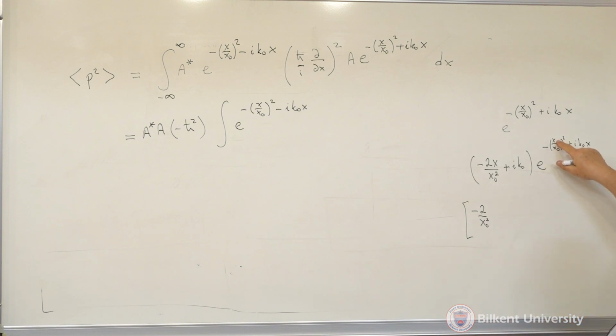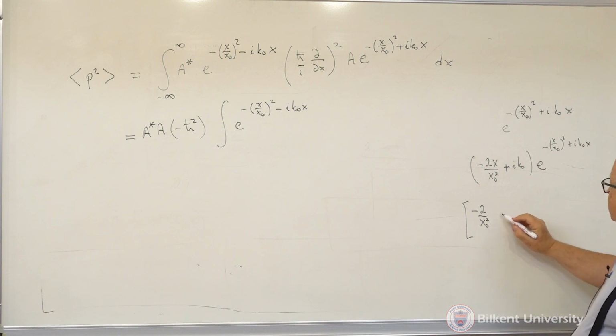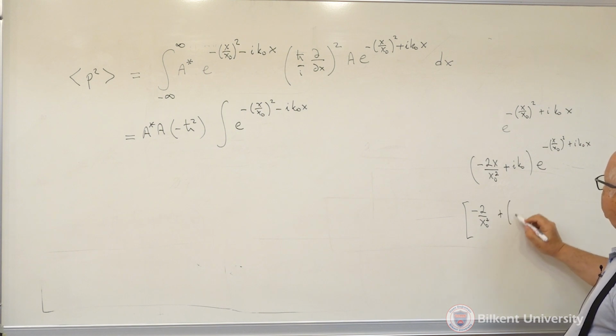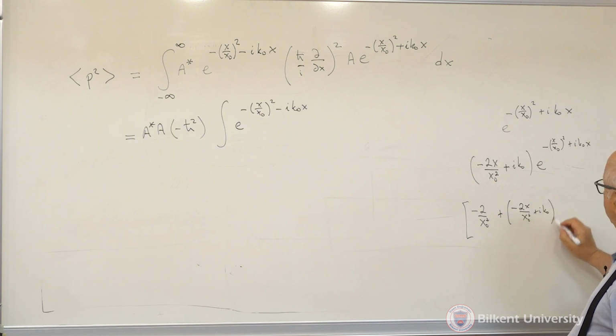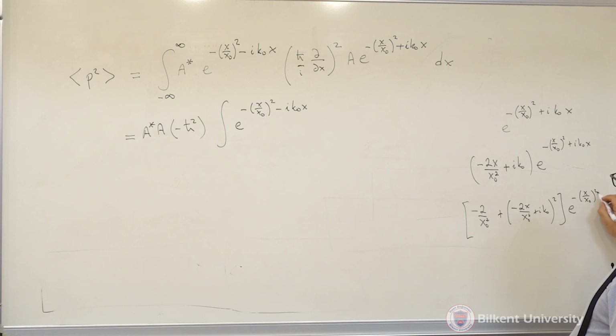And then the derivative with respect to this is going to bring down exactly the same term, so I'm going to write this as minus 2x over x0 squared plus i k0, squared, and then the exponential e to the minus (x over x0) squared plus i k0 x.